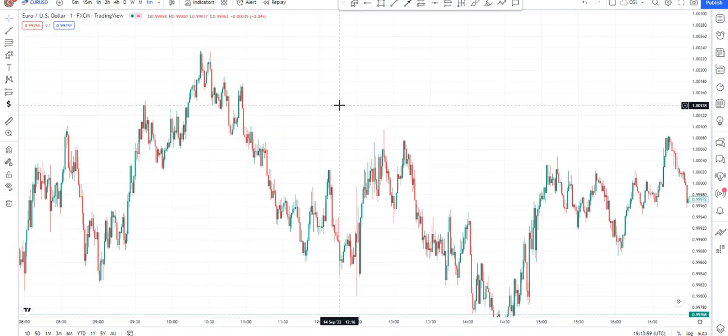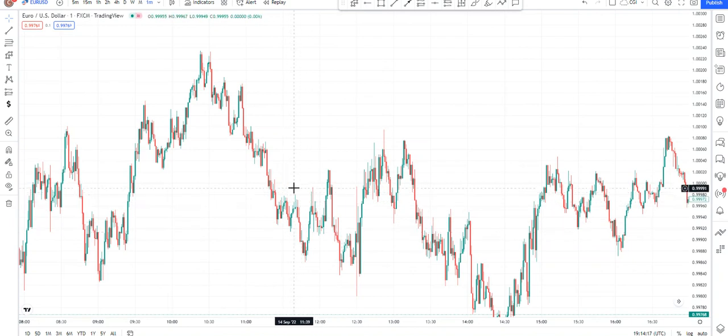So what I'm trying to say now is that if you have several imbalances, look at this downward move here. It has an imbalance here, another imbalance here, and another imbalance down here.